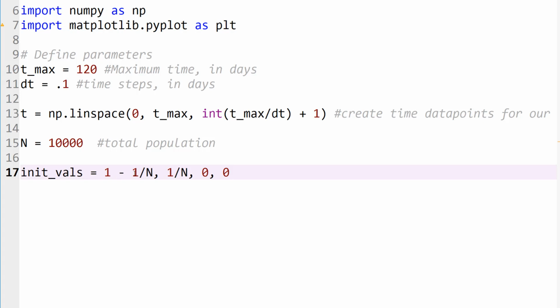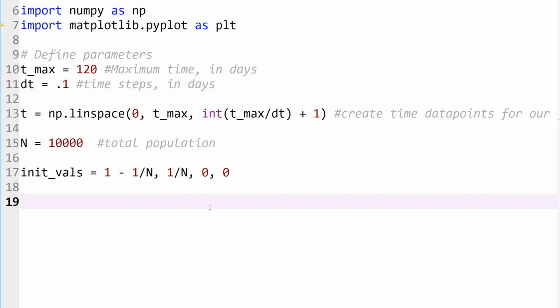Not going deep into the math, if we begin with one exposed person out of 10,000, that means the remaining 9,999 are susceptible. That's exactly what this is. My S, the susceptible, is 9,999 people, 1 over n is the exposed, and then 0 and 0 for the infected and recovered. This is where I would like to start.